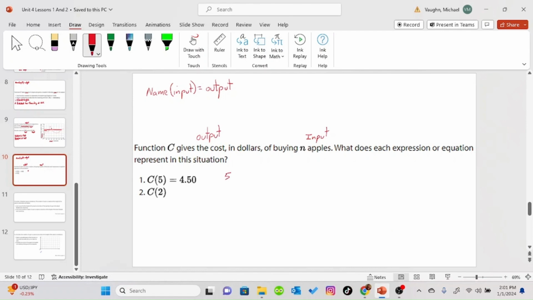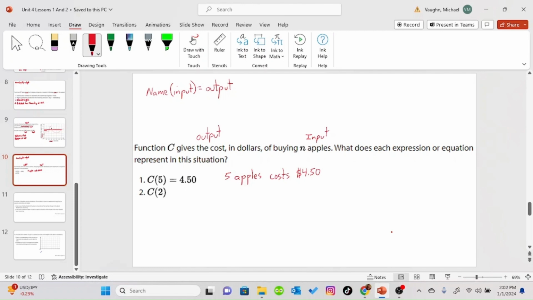So this says 5 apples, and it equals the output, which for us in this problem is the cost in dollars. So this says 5 apples costs $4.50.